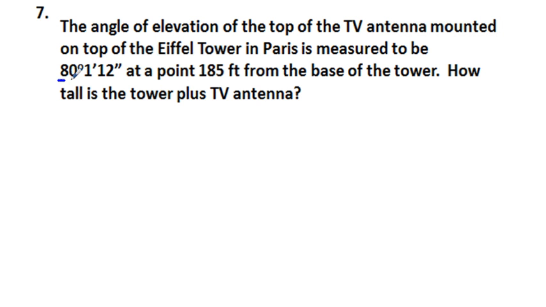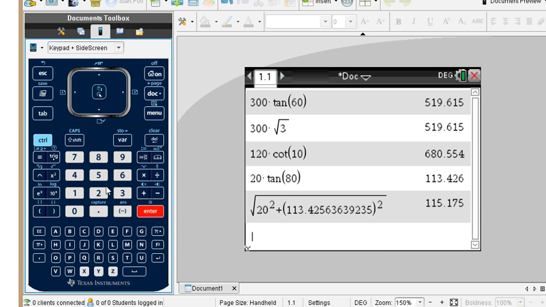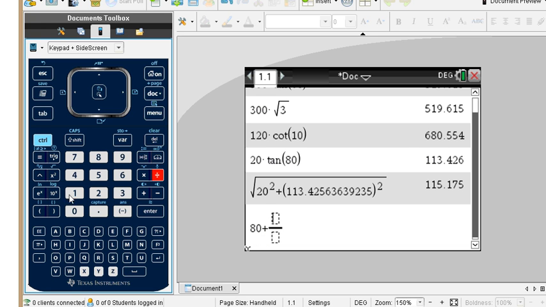And again, we have this DMS thing. So we're going to convert this to degrees by saying that'll be 80 plus 1 minute converted to degrees by dividing by 60, plus 12 seconds converted to degrees by dividing by 3600. And we're going to get an answer here. We're going to get 80 plus 1 divided by 60 plus 12 divided by 3600.